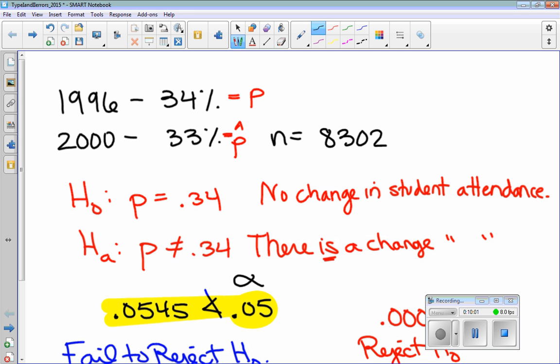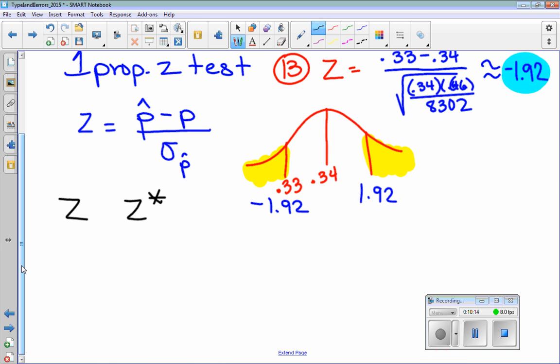What kind of confidence level would it be? 95%. So 95% confidence is kind of our default. What z star value is associated with 95%? It's 1.96.